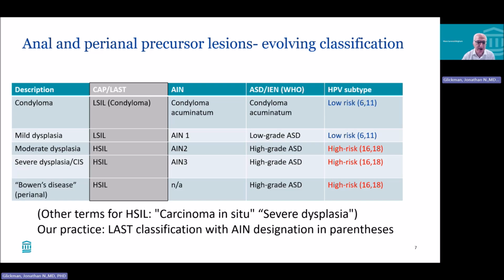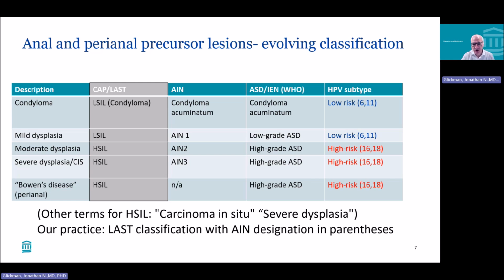And then HSILs, high-grade squamous intraepithelial lesions, and this encompasses other terms that have been used in the past, such as carcinoma in situ, severe dysplasia, Bowen's disease. And I think the key biologic point is that this dichotomous classification is reflected in the involvement of low risk or high risk HPV subtypes, such as 16 or 18 for HSIL.